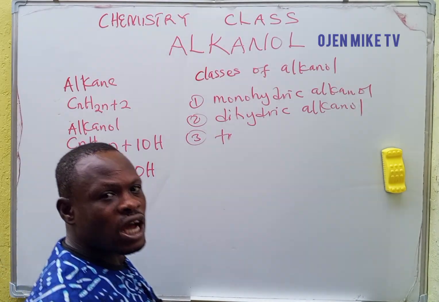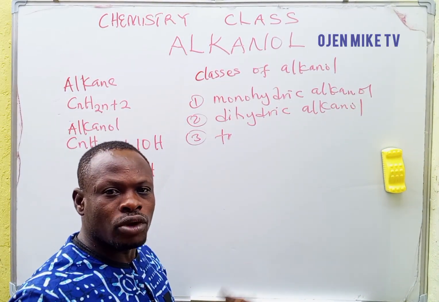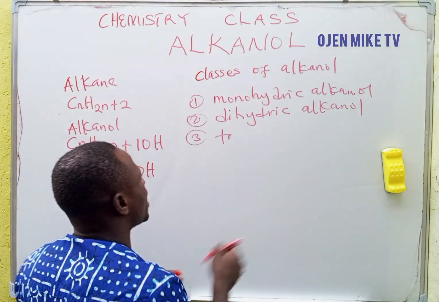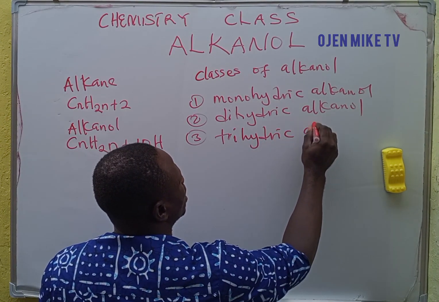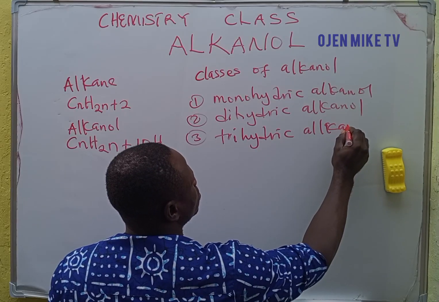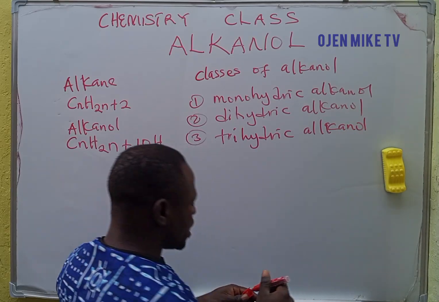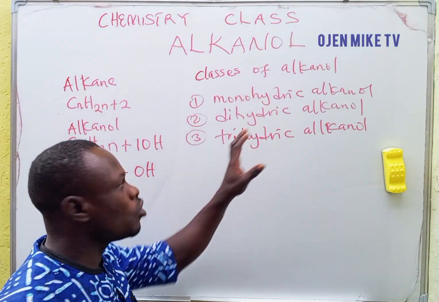Some people will write it as polyhydric, you will see some texts write it polyhydric, but we have trihydric. Let me just say trihydric alkanol. These are the major classes of alkanol.